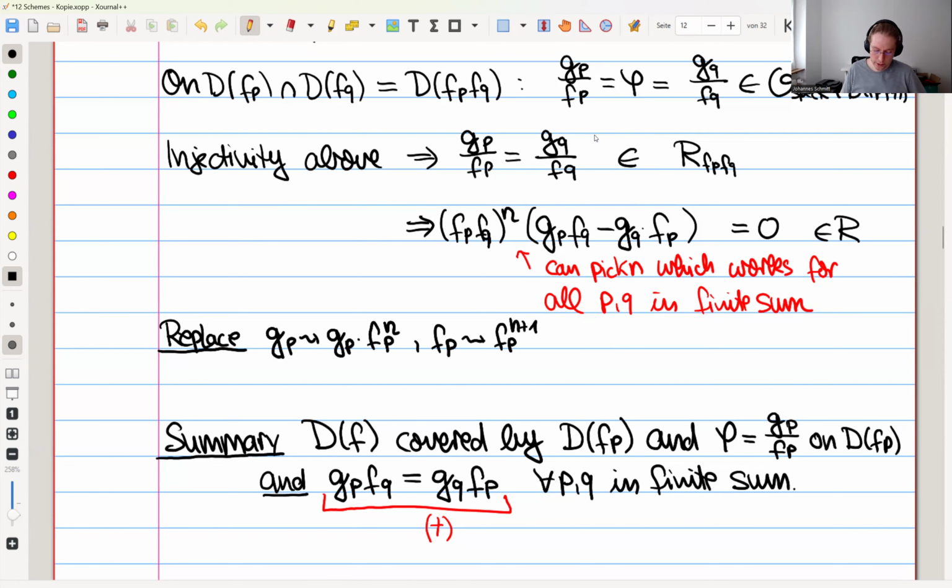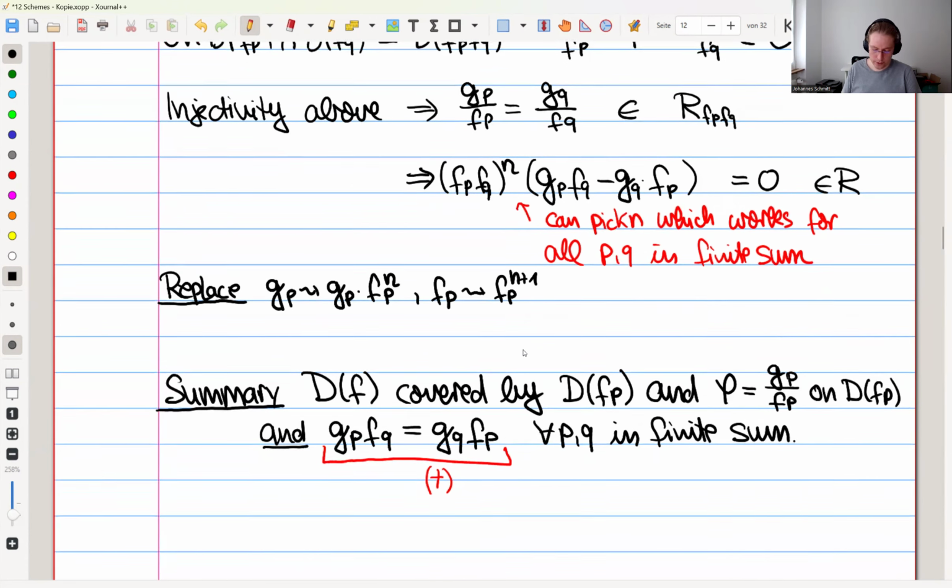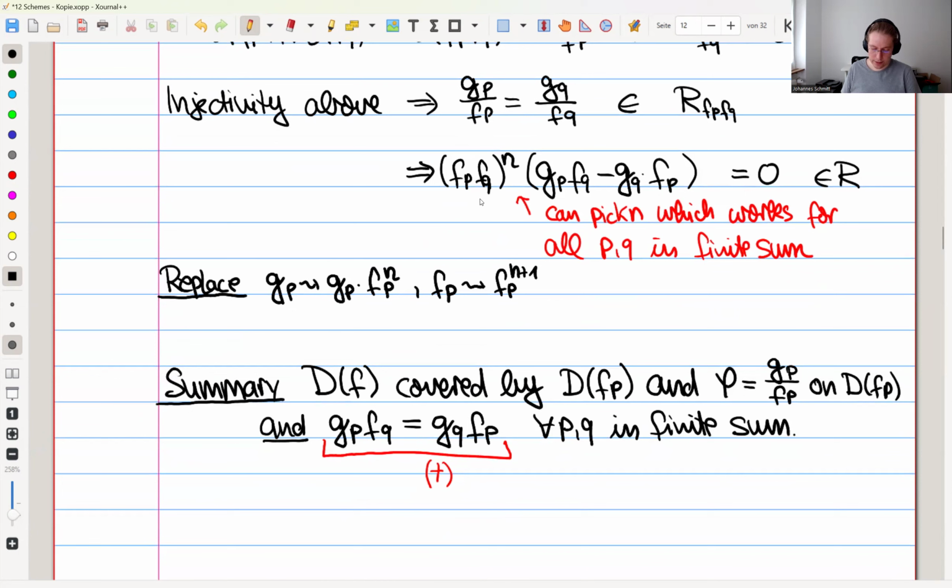The good thing this does for us is that then you see this equality here, an fp to the n times gp and an fq to the n times fq. So if you multiply this in, then you exactly get these new numerators and denominators. And so what this tells you is that instead of this weird compatibility, you actually just have a compatibility on the nose.